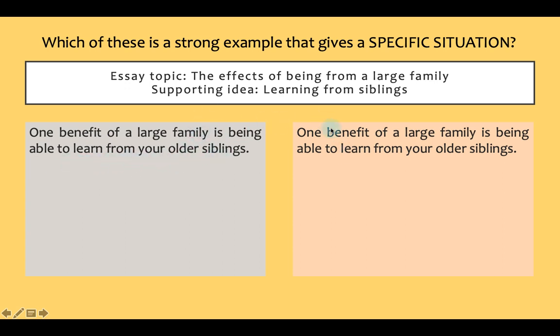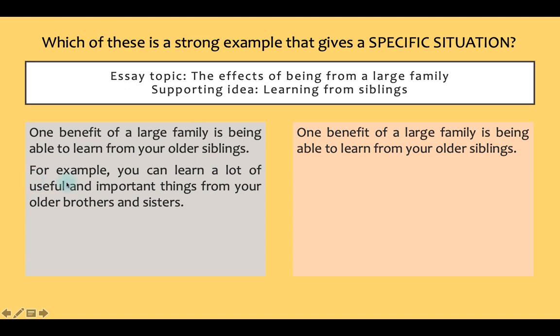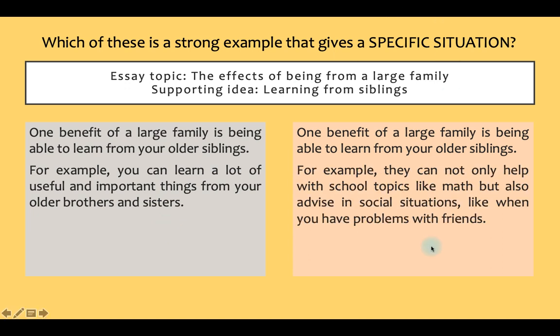And you can see we have the same sentence in both places. On the left, for example, you can learn a lot of useful and important things from your older brothers and sisters. And on the right, for example, they can not only help with school topics like math, but also advise in social situations, like when you have problems with friends.